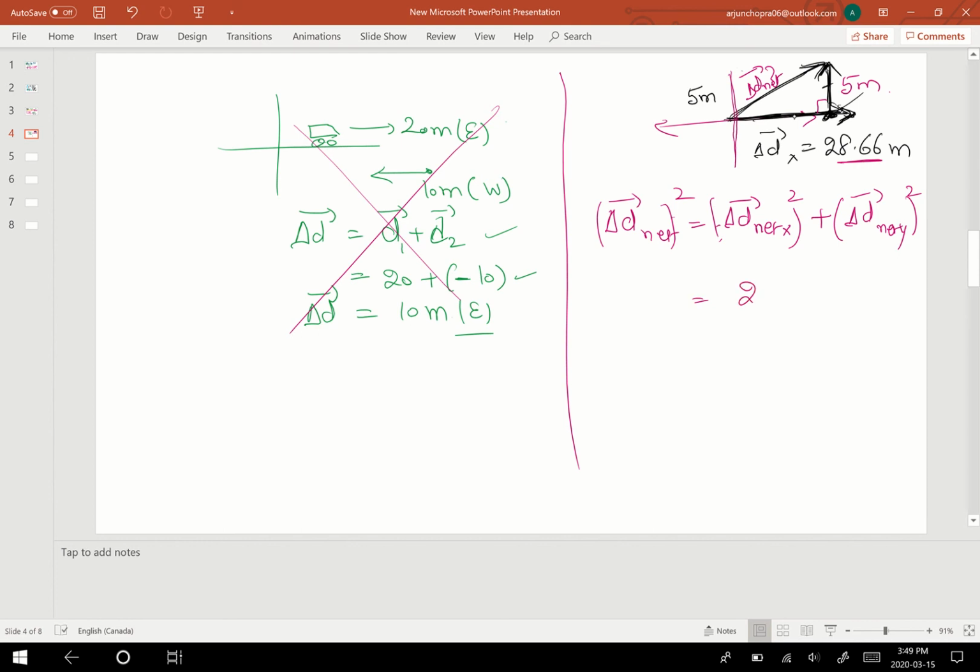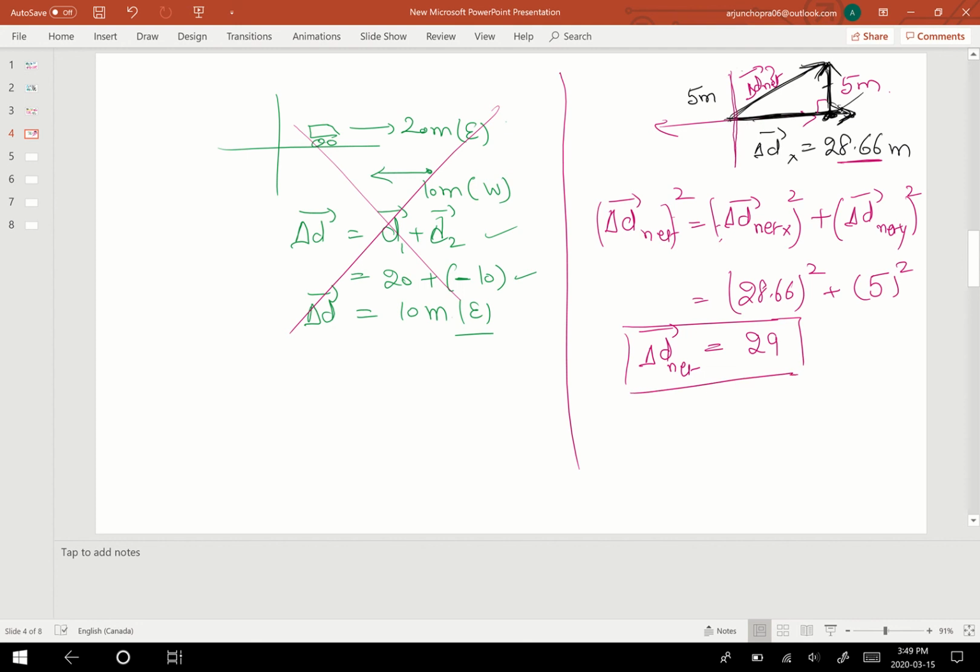So that's going to give you 28.66 squared plus 5 squared, square root, which is 29 meters. That's what our delta D net answer will be.